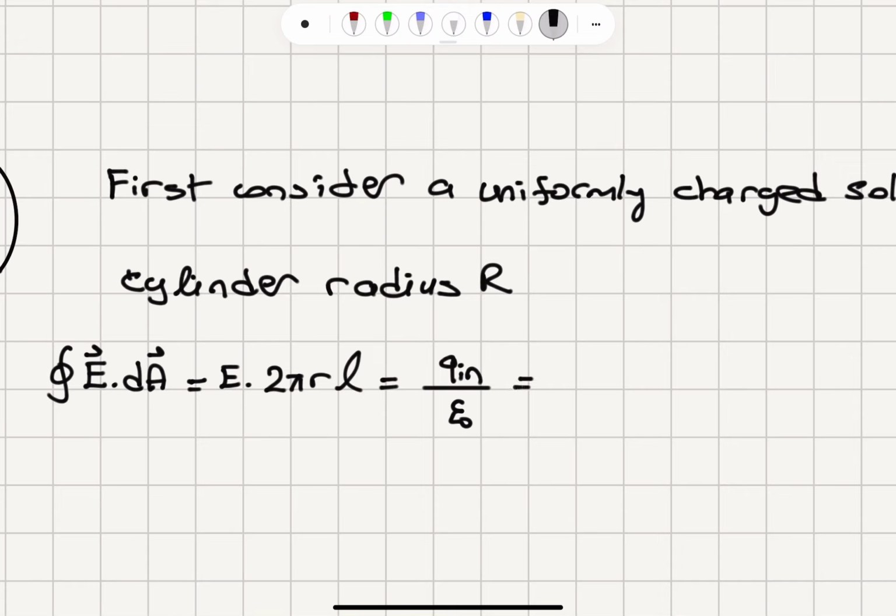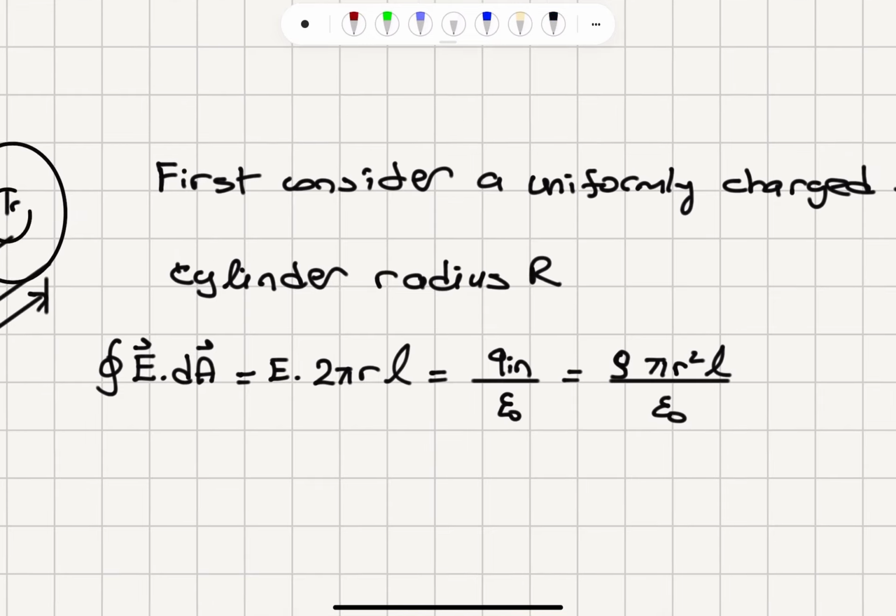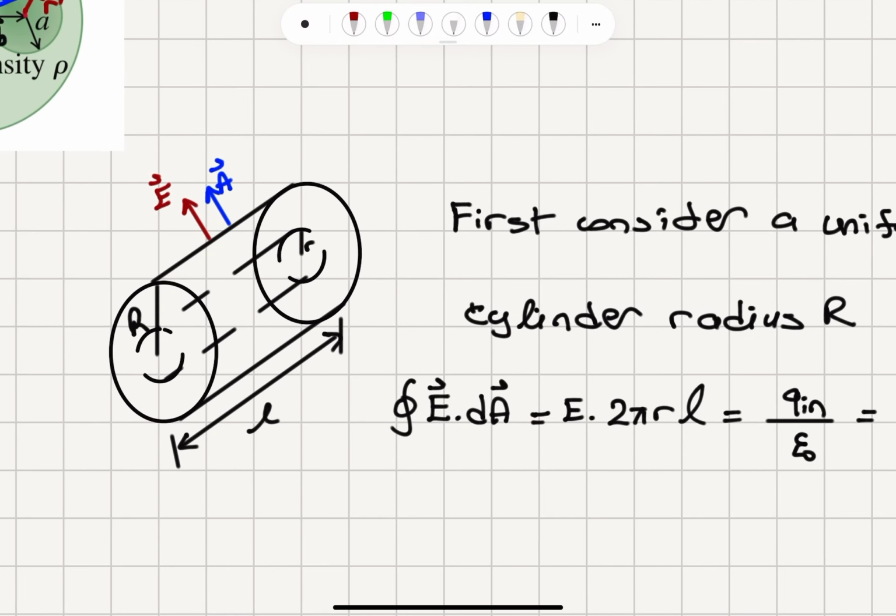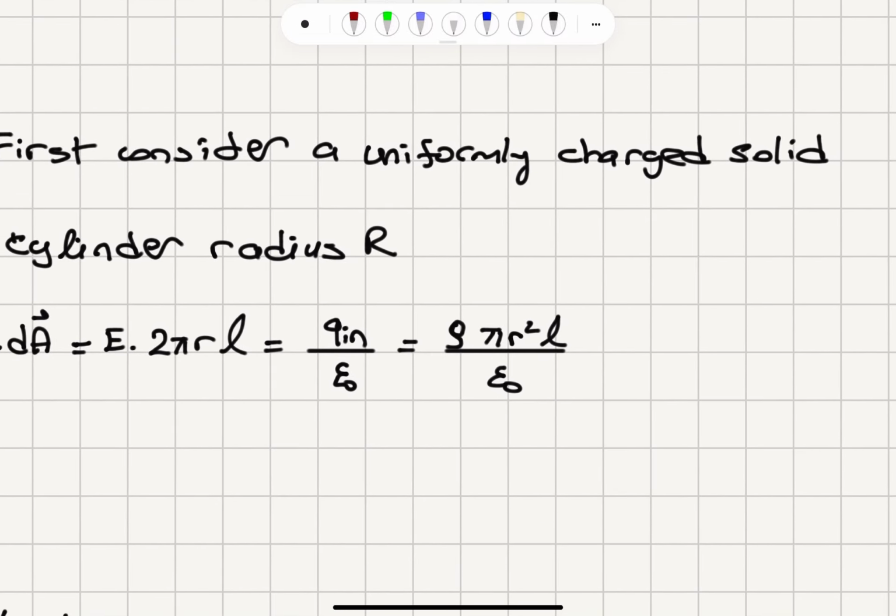How much is the charge stored? It is the uniform charge density rho multiplied with the volume, which is pi r squared L, divided by epsilon 0 in order to complete Gauss's law. So rho times pi r squared L. Pi r squared is this area multiplied by the height L, gives us the total volume of this Gaussian cylinder. All right, so we have cancellation of pi r L here.